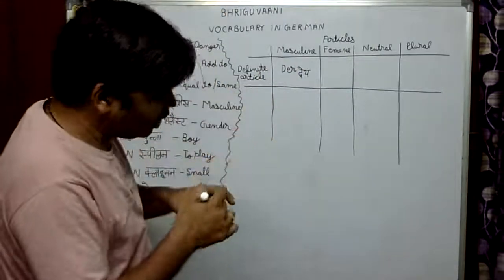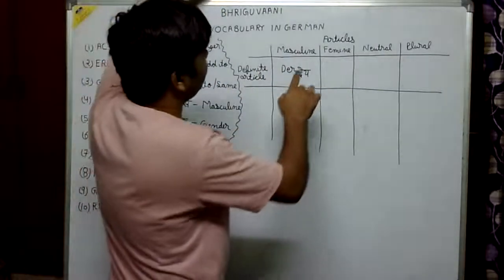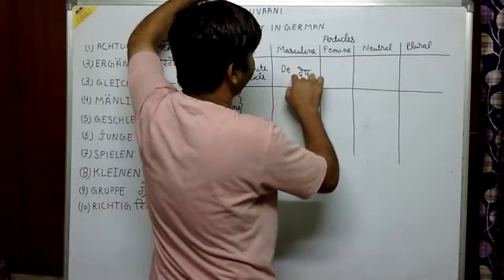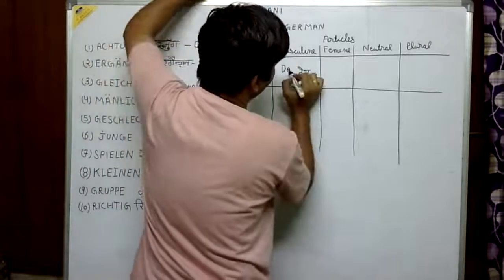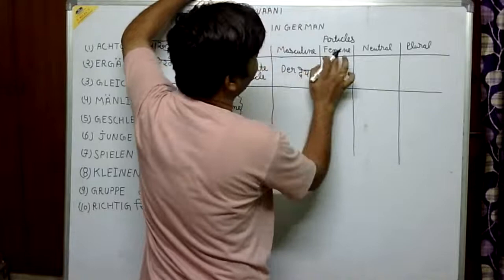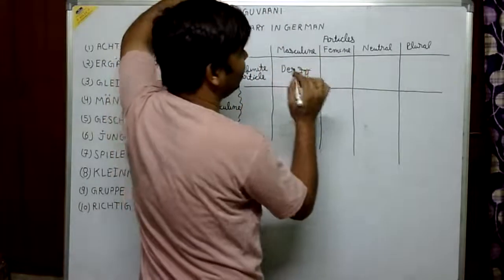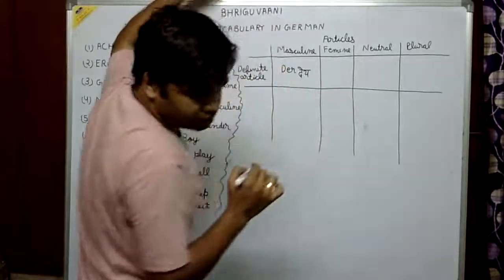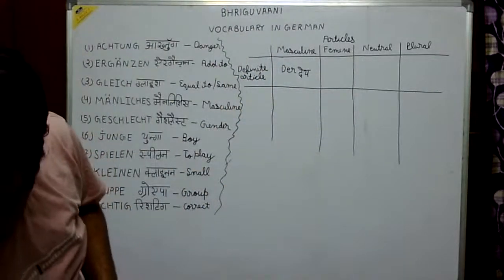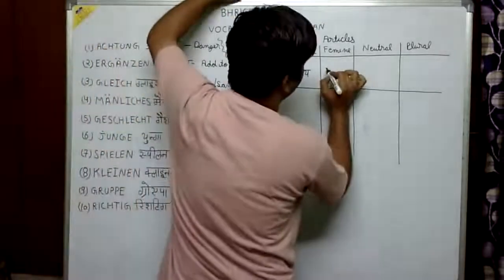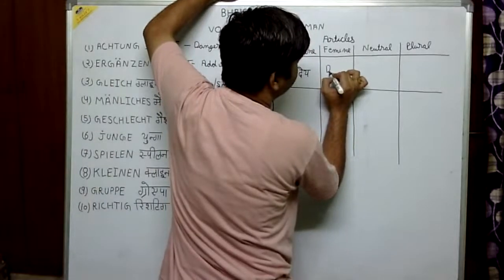But if we have some feminine noun, and that feminine noun is a definite article, then what do we use? We use die.